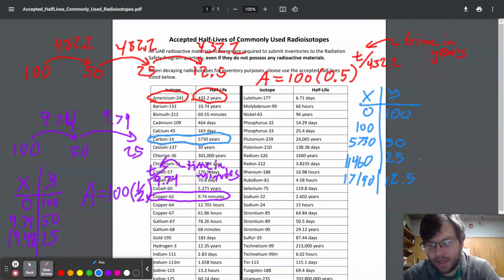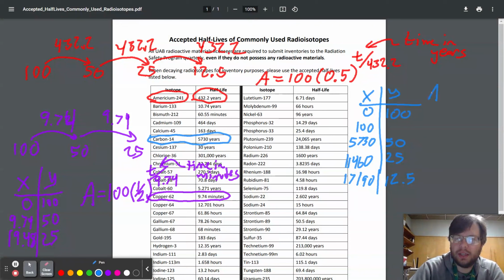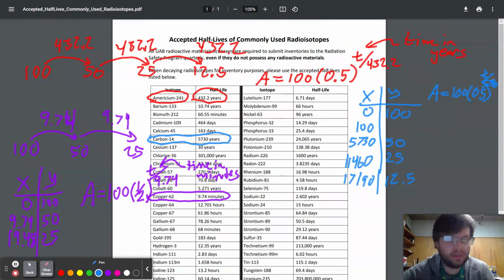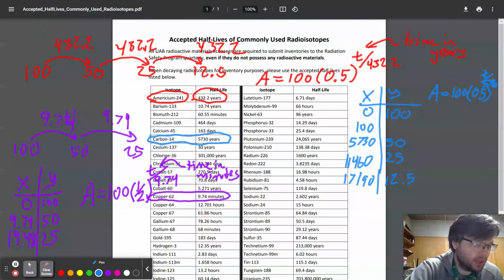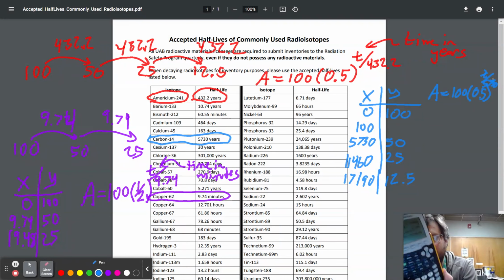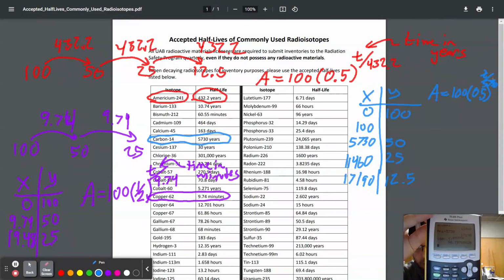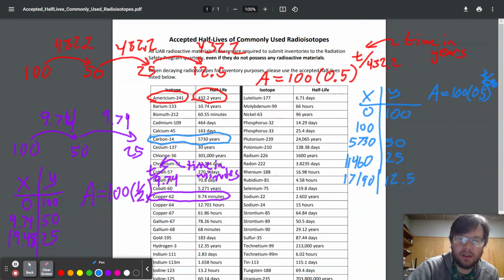To find the value after 100 years is a little trickier, but I can just use my equation where I started with 100 and I did 0.5 raised to the t over 5730. So to fill in the 100, I go 100 times 0.5 raised to the 100 over 5730. And that's that value right there, 98.797798.